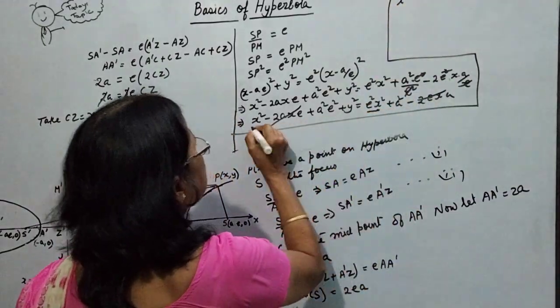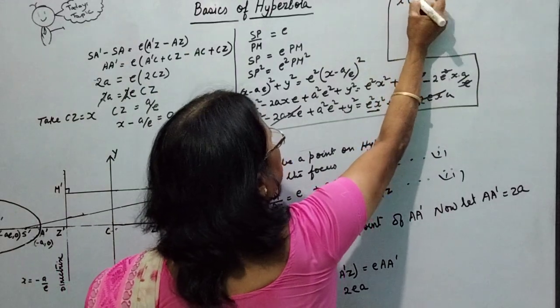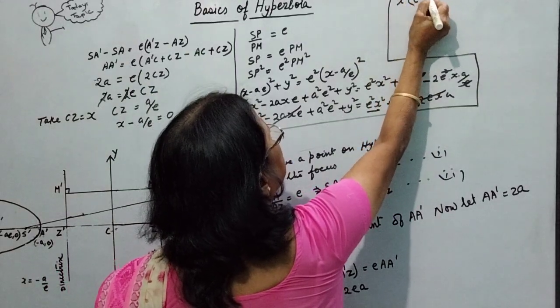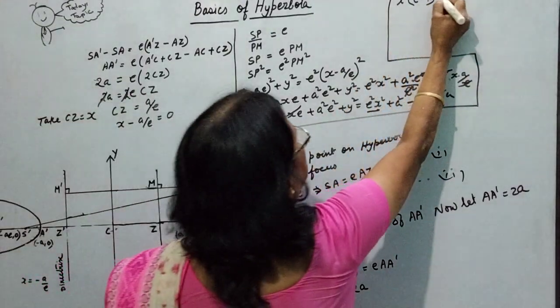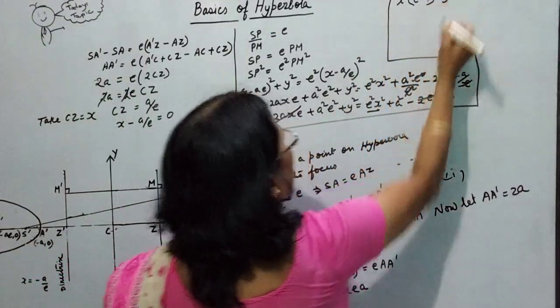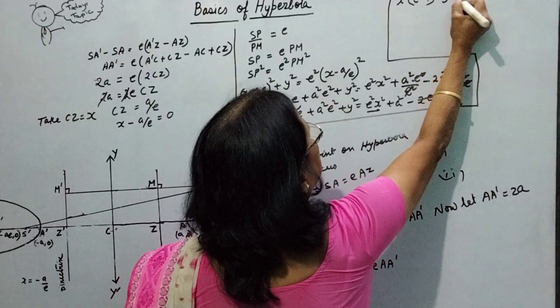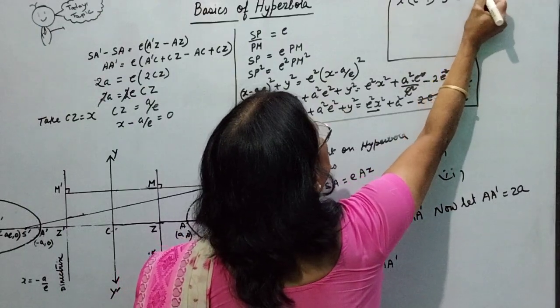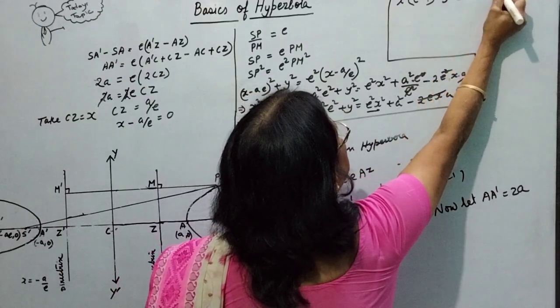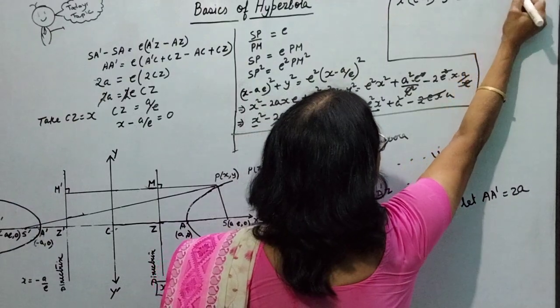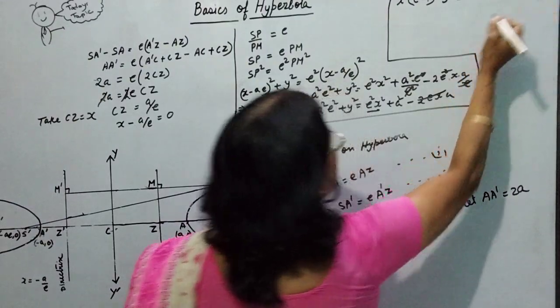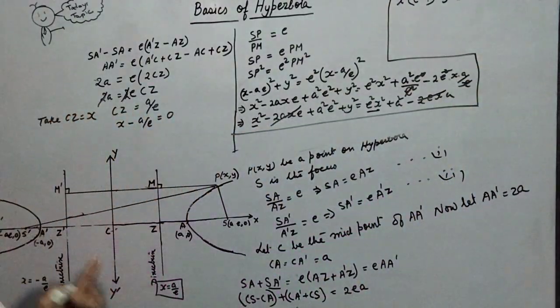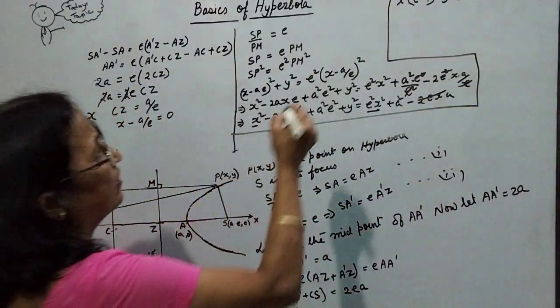This E square X square, I can take X square common. This is E square minus 1, and here minus Y square, and here it is E square minus A square. So I can take A square common, E square minus 1.